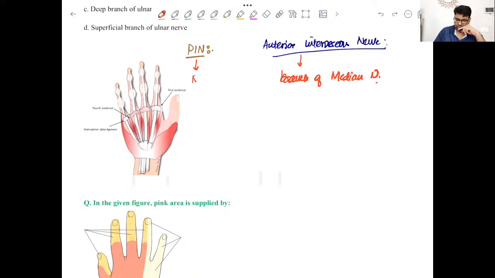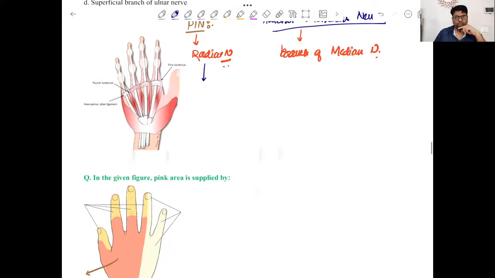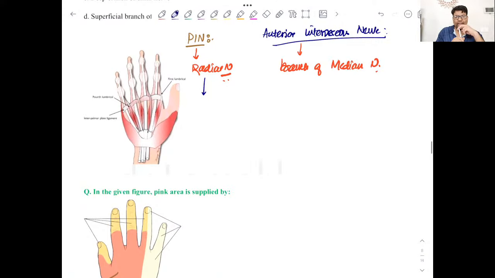So this is the radial nerve. Now the radial nerve, especially the PIN, results in extension of the metacarpophalangeal joint. So what is the role of PIN? Extension of MCP joint.